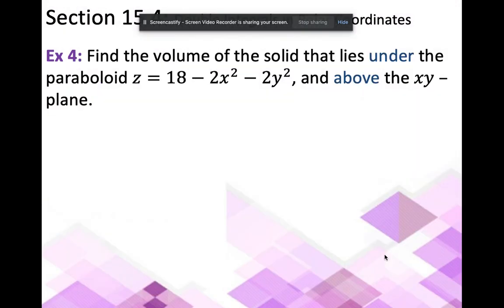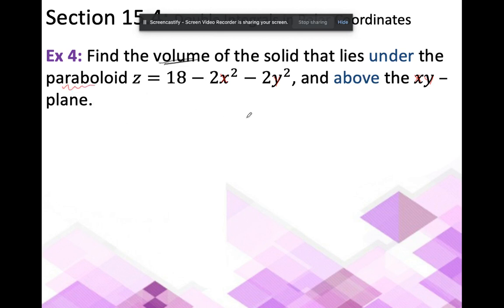Let's do another one. Find the volume of a solid. So my integrand is not going to be just 1. It's going to have a function. Notice I'm in all x's and y's above the xy plane.